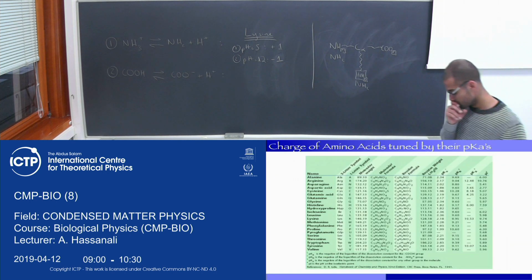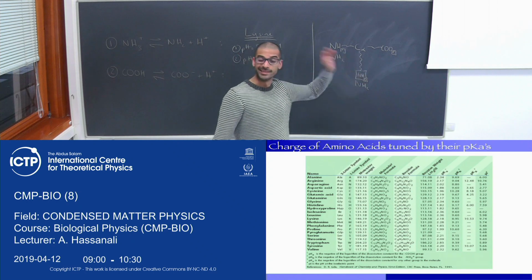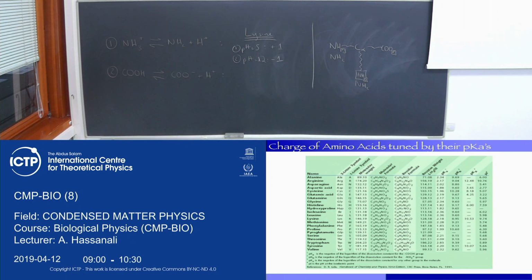Now let's think of it. So, if I have a system with a plus charge in the liquid, there's a penalty to pay, right? Because I have to put a plus charge in a dielectric constant of water. I have to pay a solvation energy.